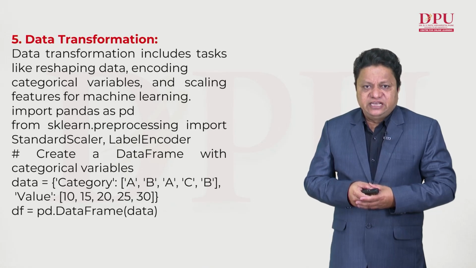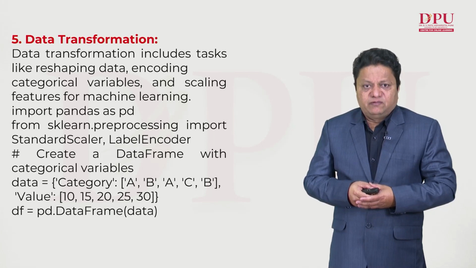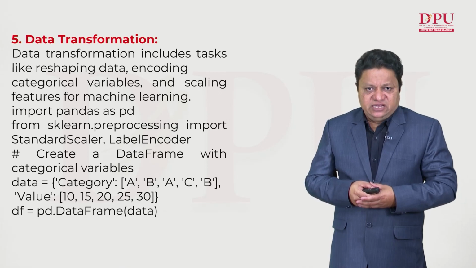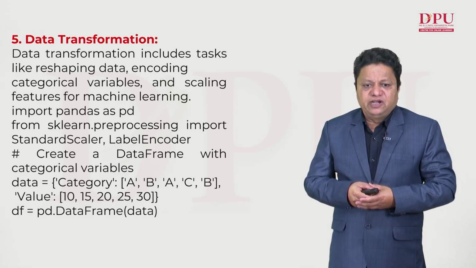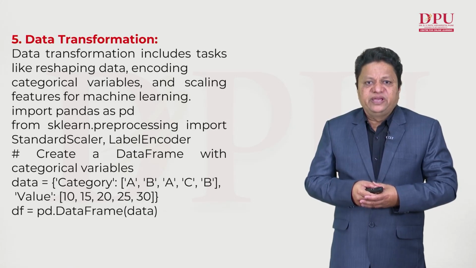So category is a key and A, B, A, C, B are its values. When I say category, category can be A, B, C. One more pair, that is value is my key and 10, 15, 20, 25, 30 are its values. So there are two pairs of key and value.